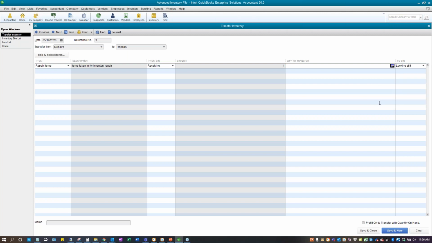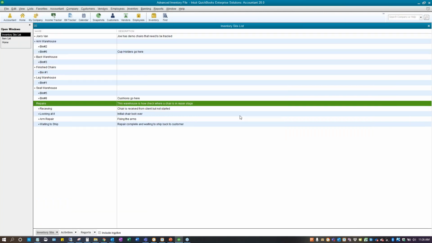So now I could actually move that through and say, okay, now we're looking at it. And notice that I also had another bin that was waiting to ship. So I could be done with the chair and put it on that. So now it just moves that inventory along through the tracks in terms of being able to track it through repairs.